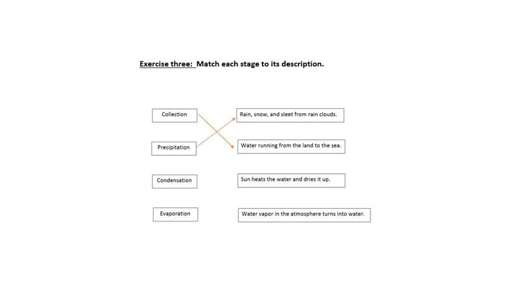After condensation happened. Now condensation. Condensation is when water vapor in the atmosphere or in the air turns into water. Finally, evaporation. Evaporation, it's when sun heats the water and dries it up or changes into gas.